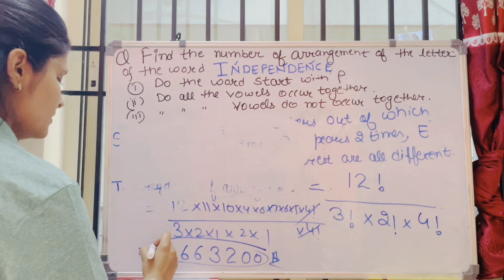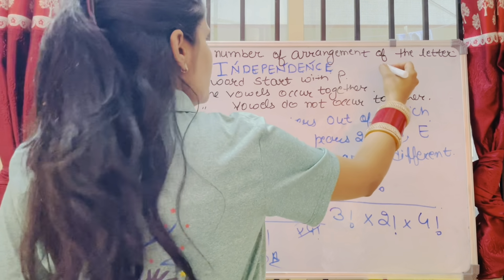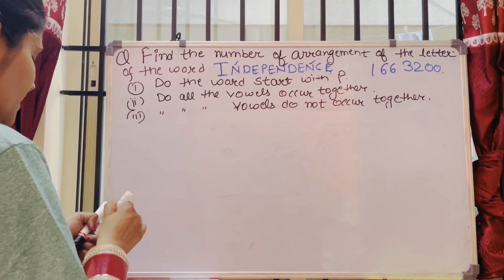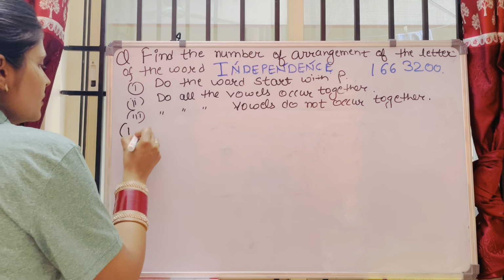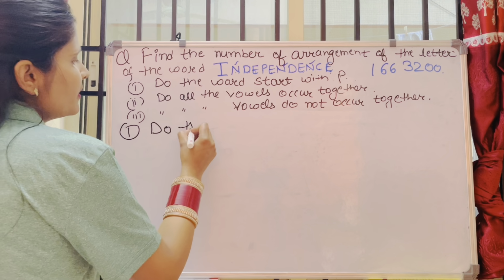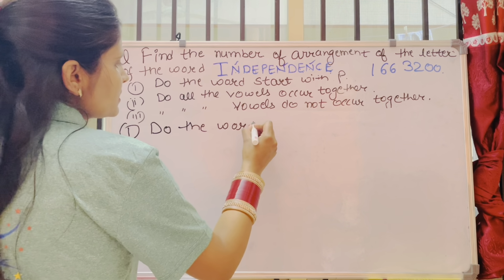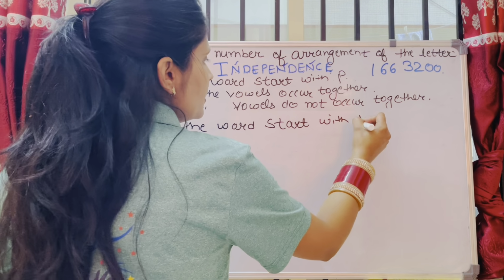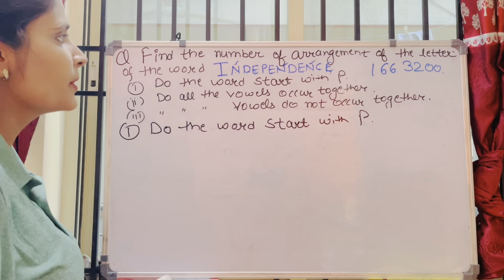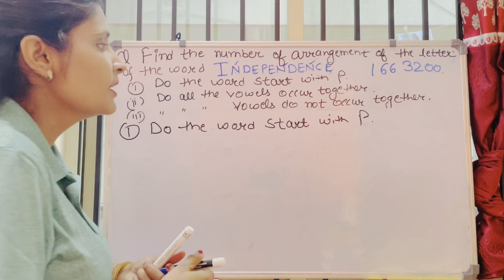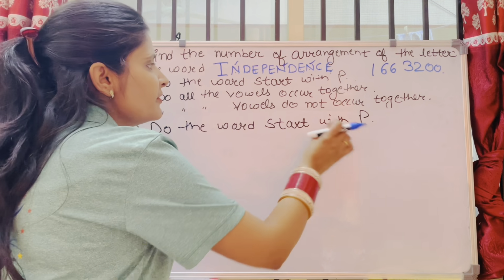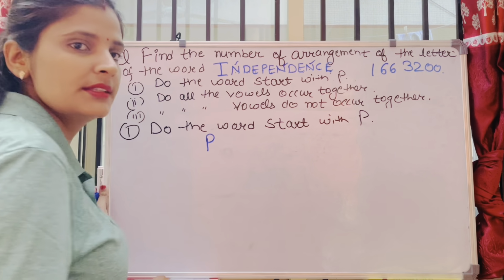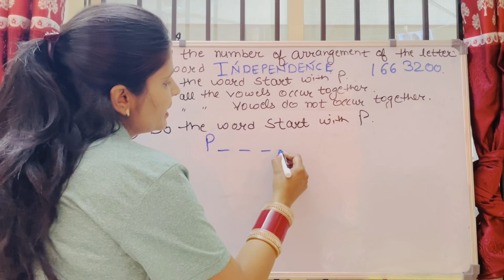So this answer we'll write here. The first condition is, do the words start with P? It means find the total number of arrangements, but the condition is that the first letter starts with P. The remaining, how many elements are there?